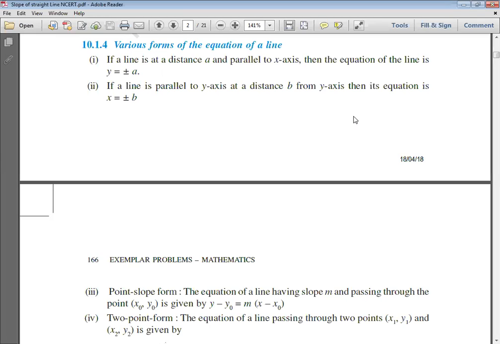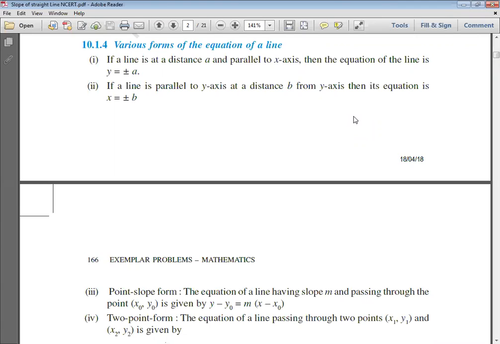Different situations, different requirements are there. So based on the context and the situation, we will require the information to write the equation of the straight line.